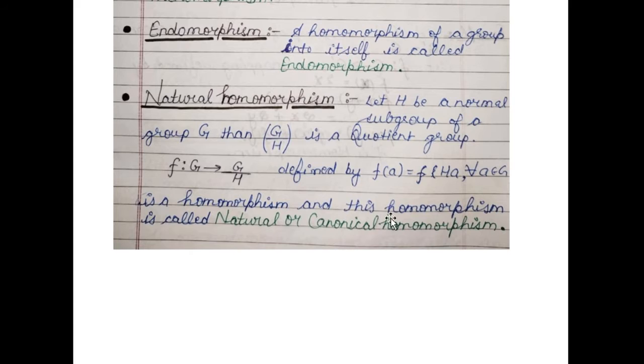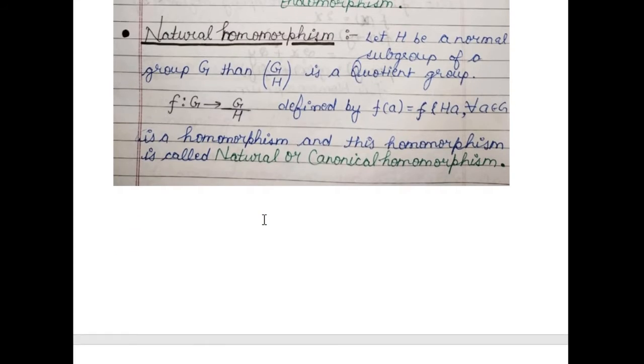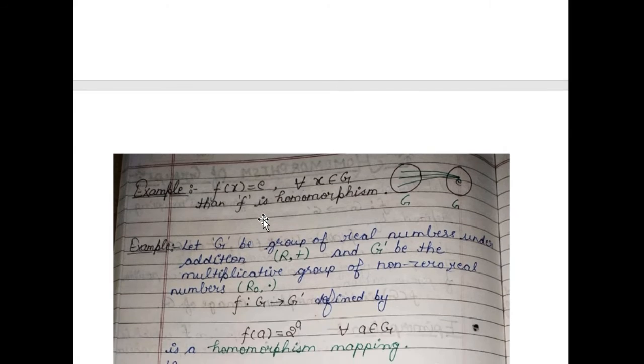This mapping is a homomorphism, and this type of homomorphism is called natural homomorphism or canonical homomorphism.